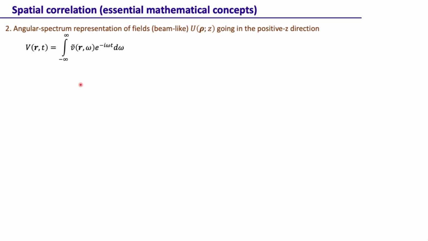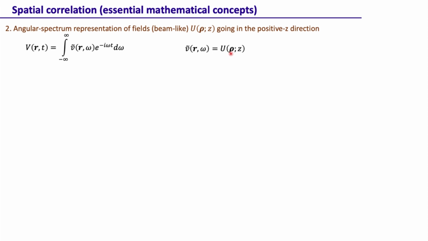So this is the generic field V(r, t), and as I said in the second slide, we represent this in the frequency basis in this form, with these being the different frequency components. And for this frequency component we will not show the frequency argument, and this will be our field u(rho, z). So we are not showing the frequency, but this means that this is at a given single frequency.